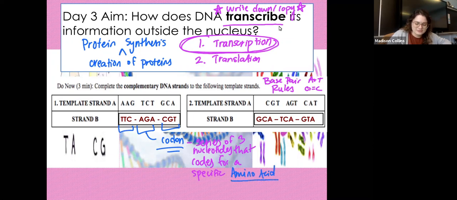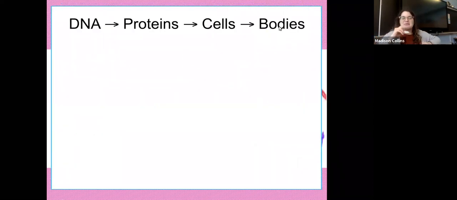And aren't amino acids the building blocks of proteins? Something to ponder. But before we get into that, I want us to review some of the basic structure of DNA and proteins and what we need to know in order to understand transcription.